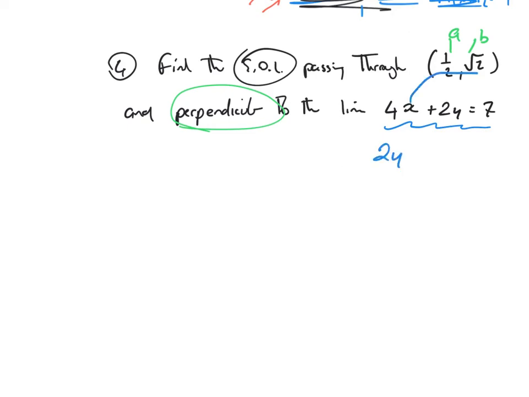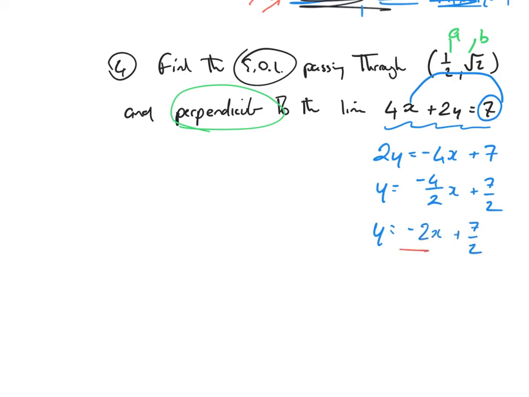I bring the 4x across, change its sign, so it becomes minus 4x, and I've still got the plus 7 on this side. Then I need to divide through by the 2, don't forget that. So it's minus 4 over 2 x plus 7 over 2. Definitely simplify that down. Minus 4 over 2 is minus 2, so that's minus 2x plus 7 over 2.